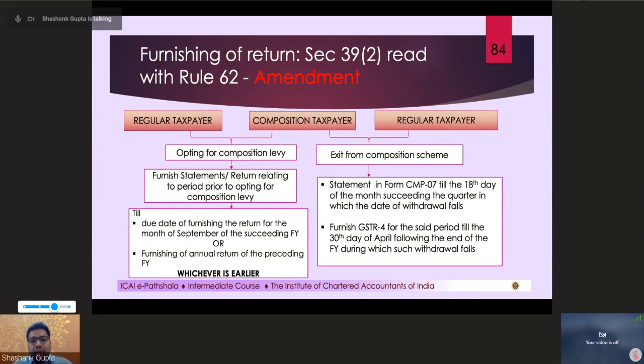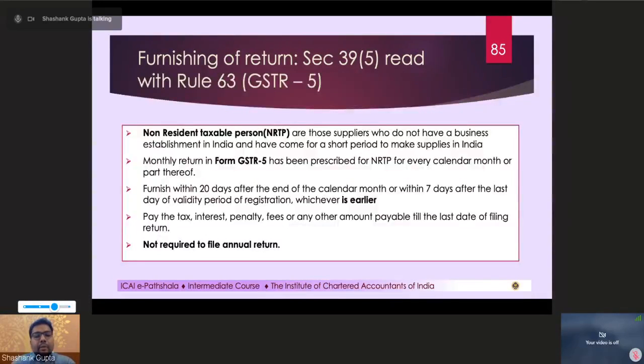So suppose from April to September he was under composition scheme, and from October to March he is a regular taxpayer. So for April to September he has to file GSTR 4, and the last date will remain the same, that is 30th day of April 2021.